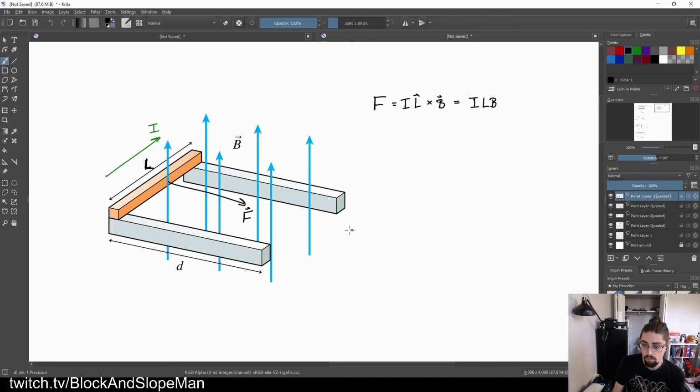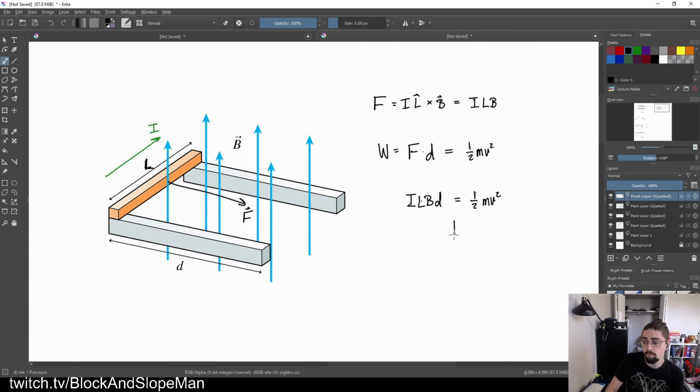So, with all of that in mind, what we can say then is that it's a constant force acting over a distance d. The work to be done is F times d. The work to be done is going to be converted into kinetic energy at the end of the day. I, L, B, d is equal to 1/2 mv squared.